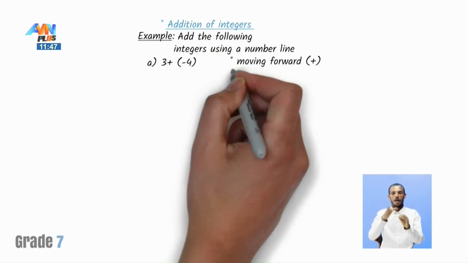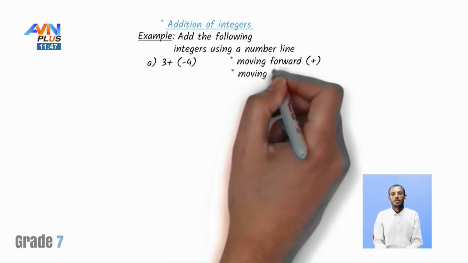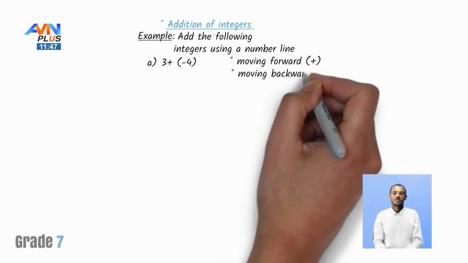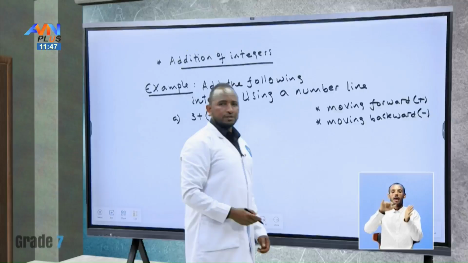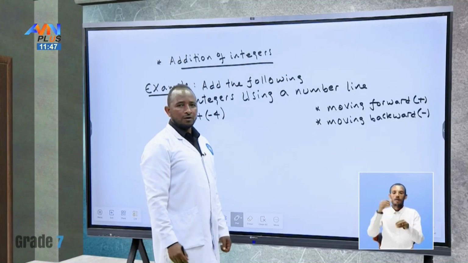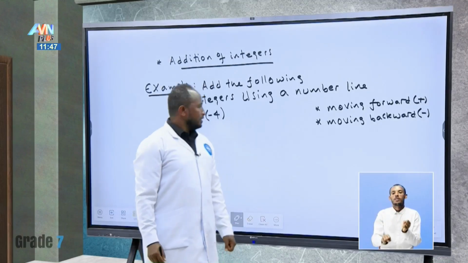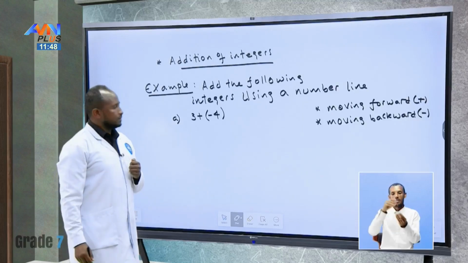And moving backward is represented by negative. If a certain object moves 4 units back, it becomes -4. So, having this concept in mind, let's try to add these two numbers using a number line.